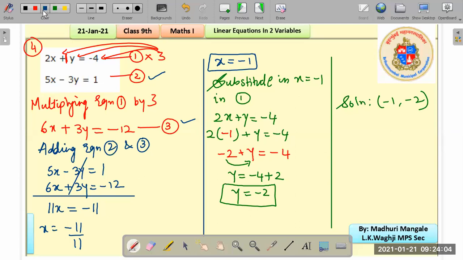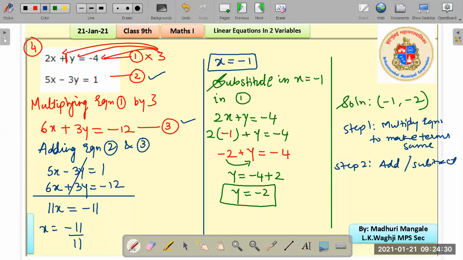So the three steps, let me quickly put up the three steps over here. Step 1, multiply equations to make any one variable term the same. And then step 2, you either add or subtract to eliminate any one of the variables.